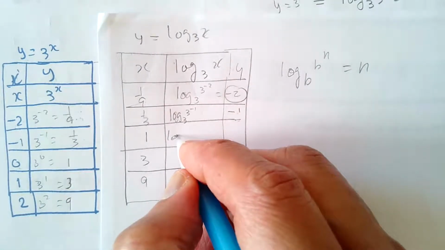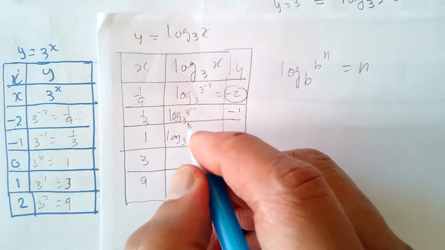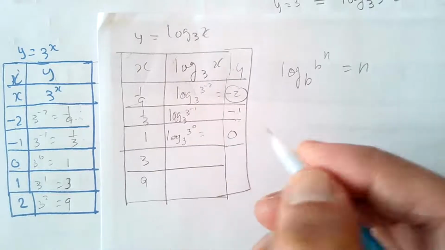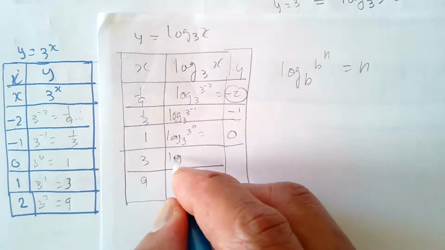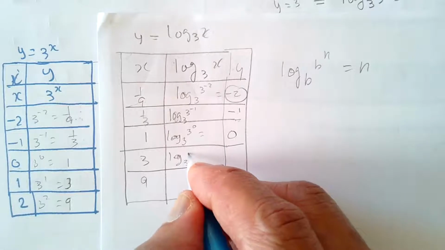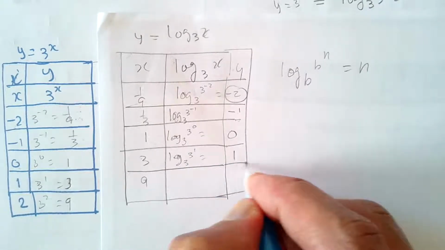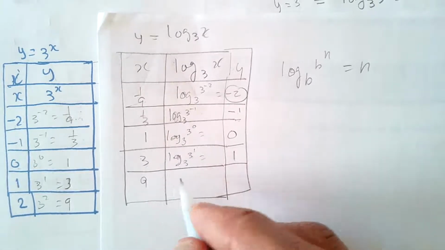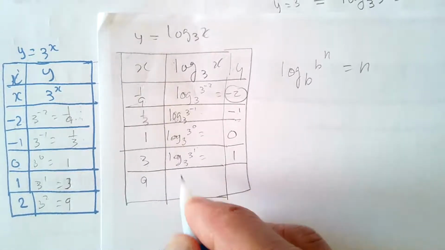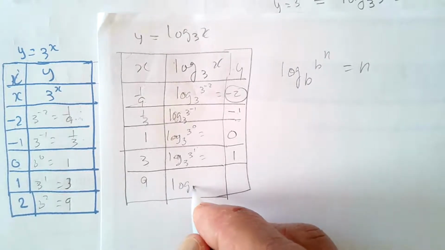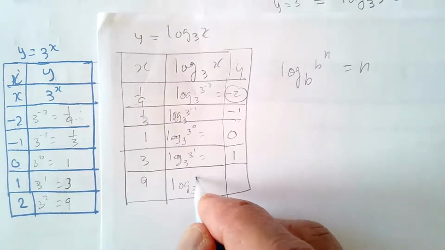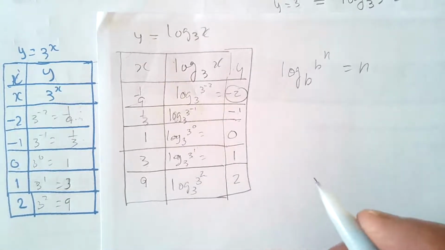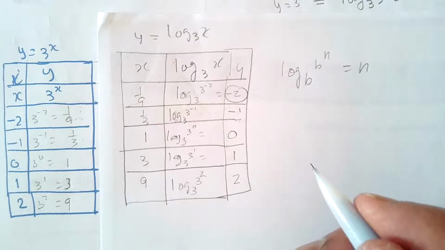And log base 3 of 1, now we can put here 3 to the power 0, is equal to 0. And log base 3 of 3 to the power 1 equal to 1. Because I'm making this a power of itself, I can write this as a base 3 here. And log base 3 of 9, now 9 could be written as a power of base 3 to the power 2. Now I have my x and y coordinates.